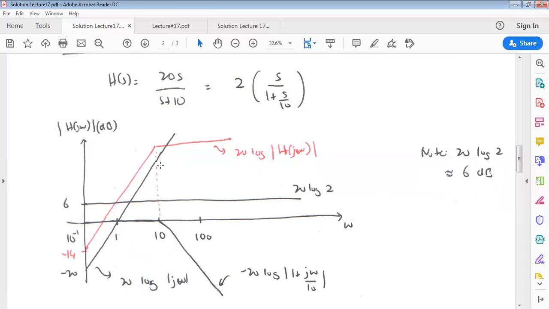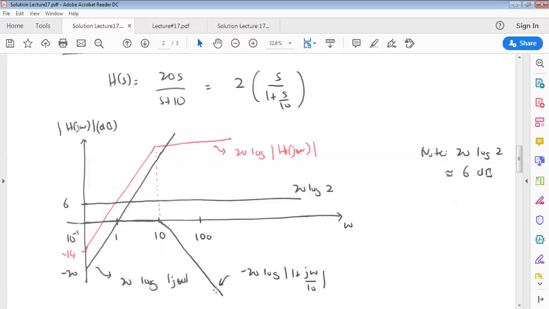Whereas for the pole at 10, we are going to have a constant 0 dB amplitude up to 10 radians per second, and after 10, a slope of negative 20 dB per decade. So these are the individual plots for the constant 20 log 2, the zero at the origin, and the pole at 10.